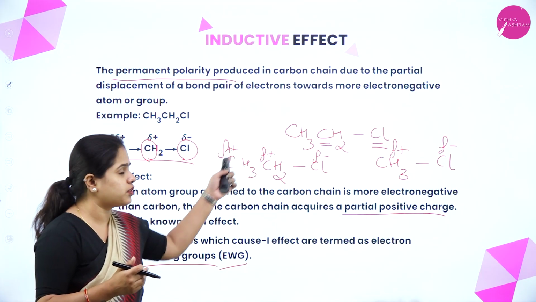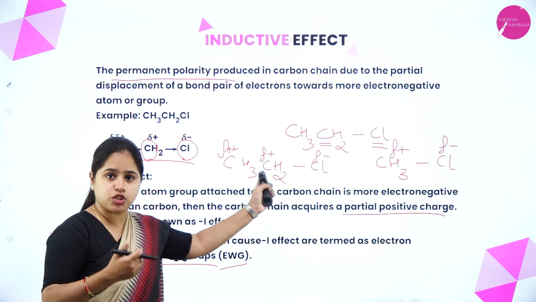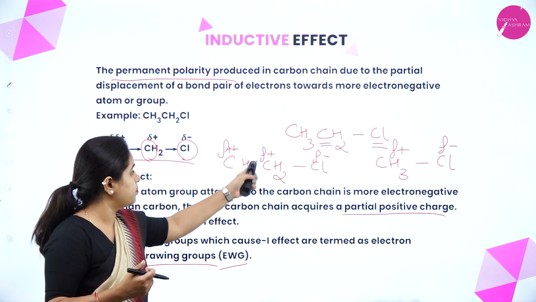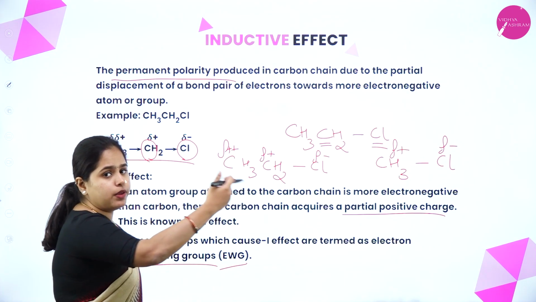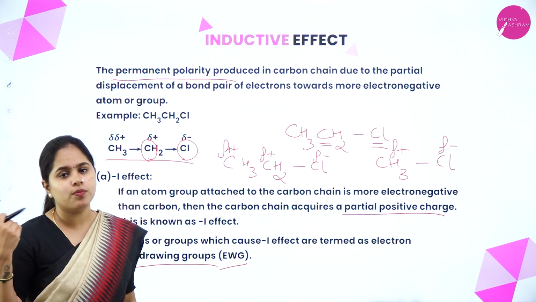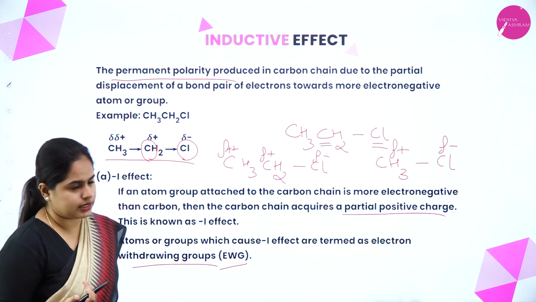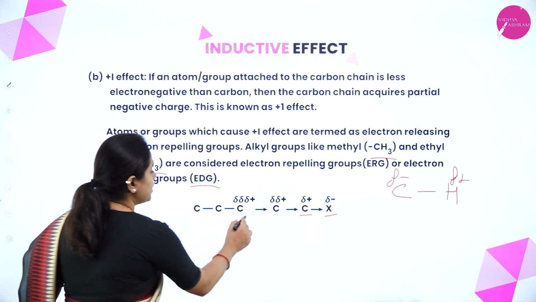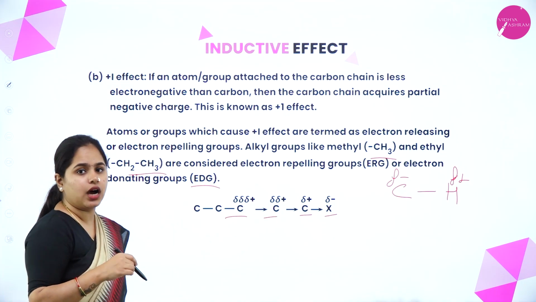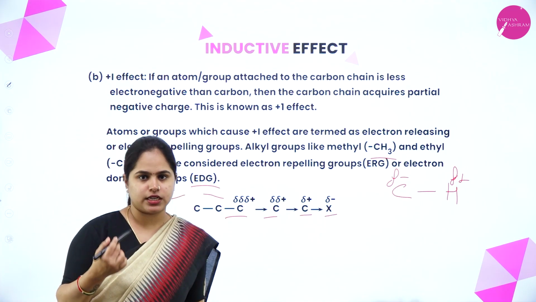But the strength of this will be less. That is, the inductive effect appearing on this carbon atom will be more than on this one. So as we move away from the bond, the inductive effect also decreases, and it will last only up to the third carbon atom, and further carbon atoms will not have this inductive effect acting on them.